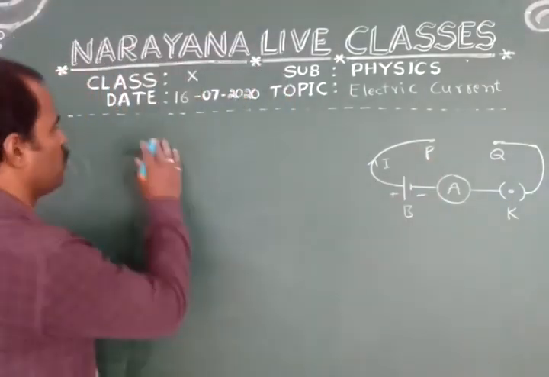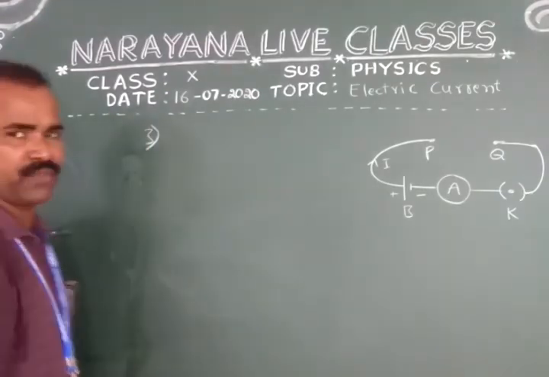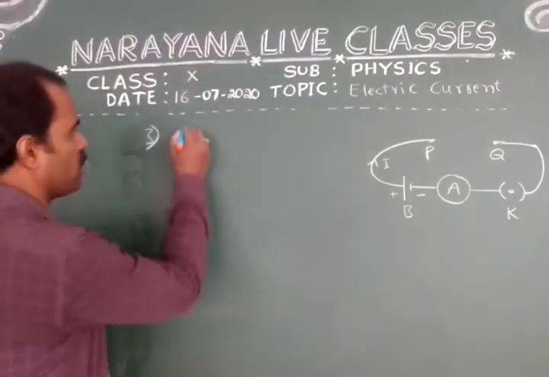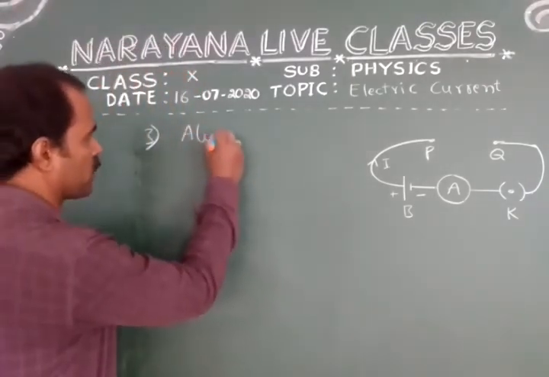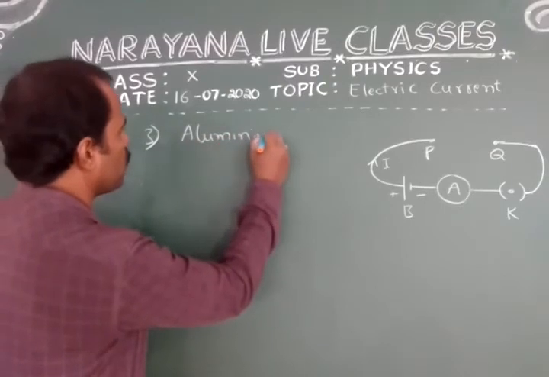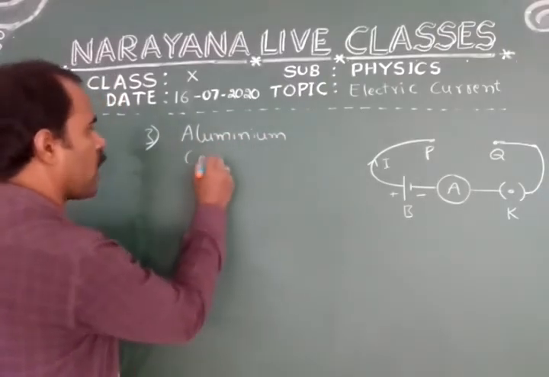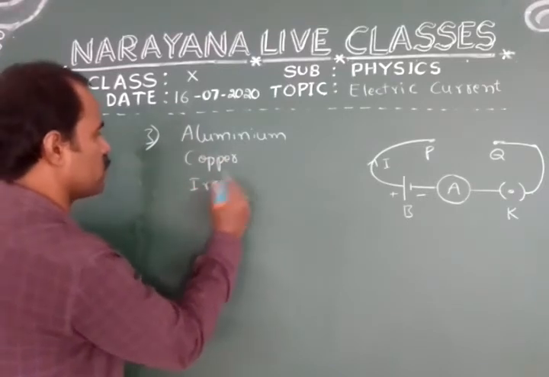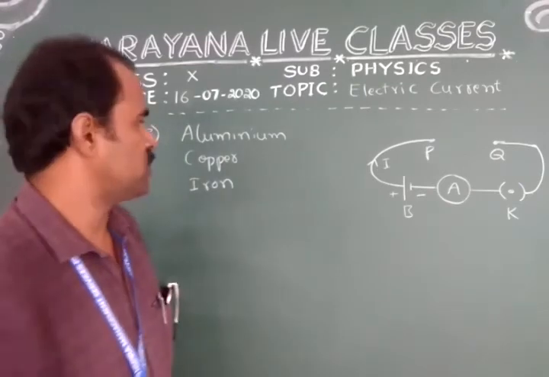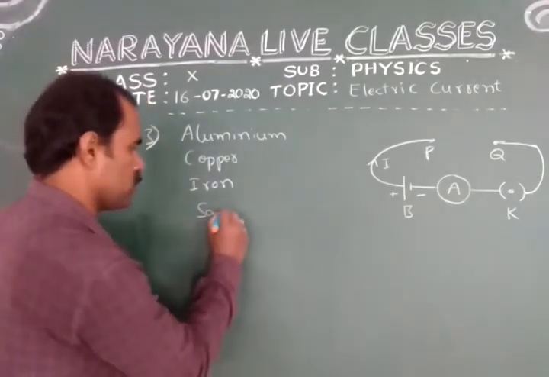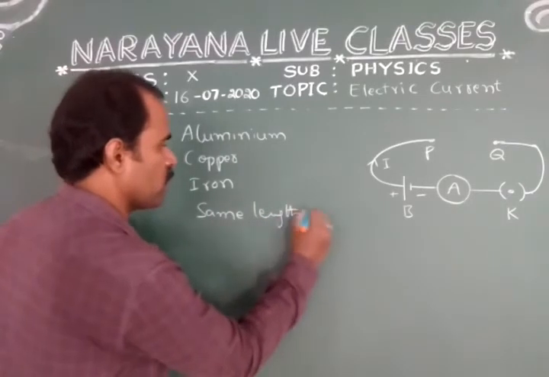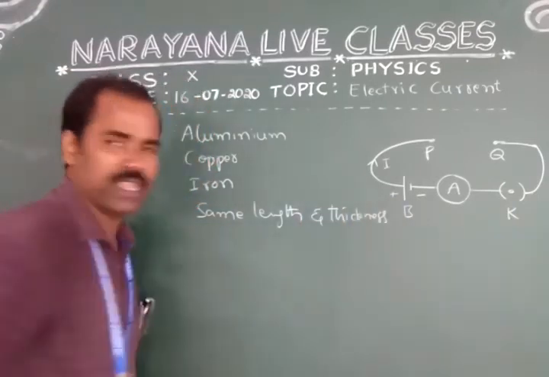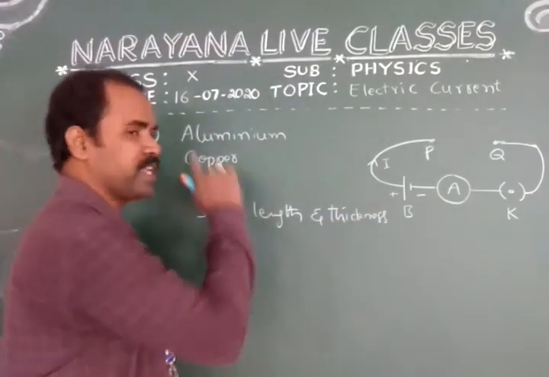In that gap, we need to insert different spokes of different materials. You take aluminium conductor, copper conductor, and iron conductor. These are the three conductors with the same length and thickness, but different materials.